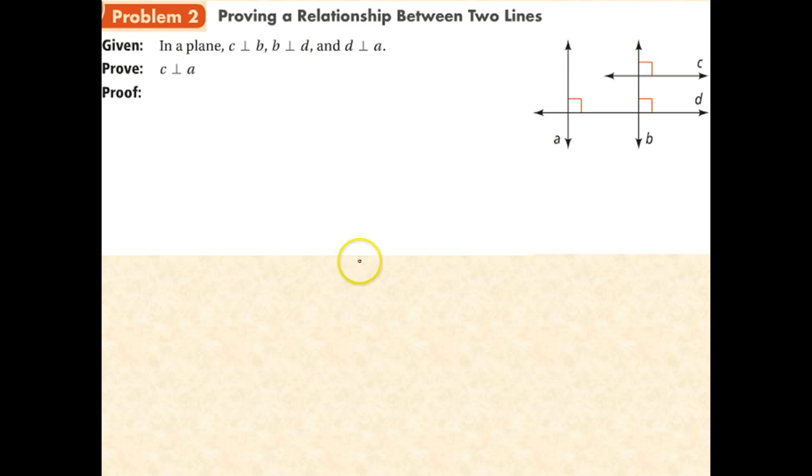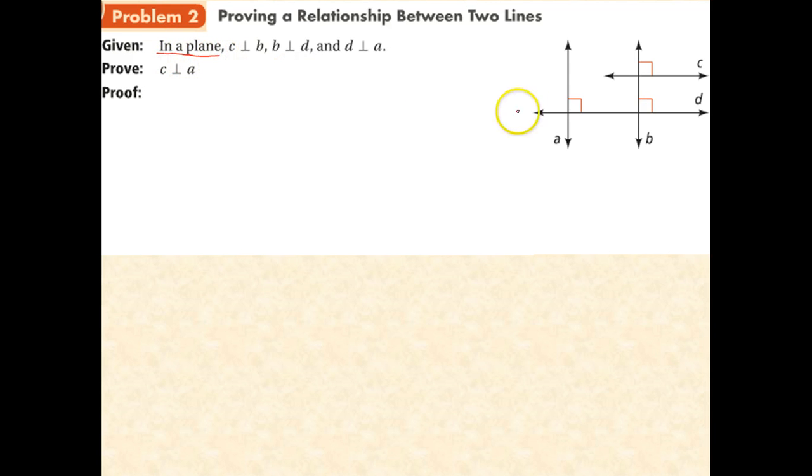Whoppers. Alright, let's prove a relationship between two lines, shall we? In a plane, C is perpendicular to B, and B is perpendicular to D, and D is perpendicular to A. Prove that C is perpendicular to A. Now, good thing we said in a plane.